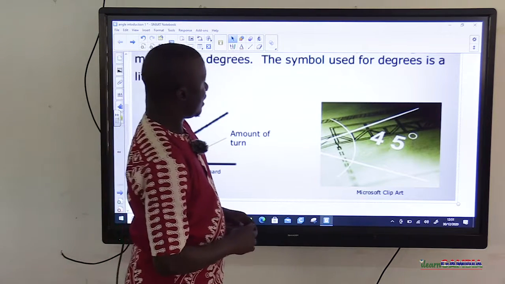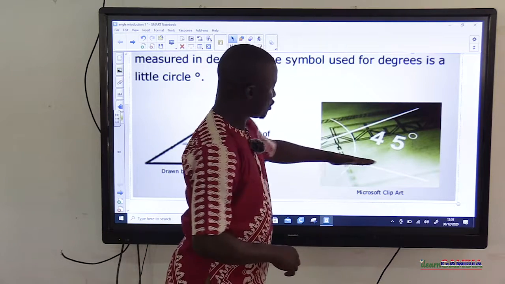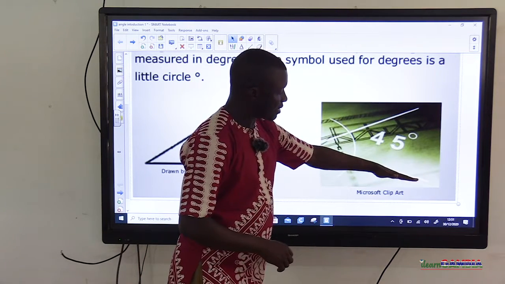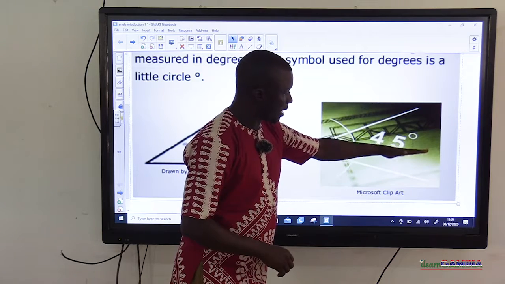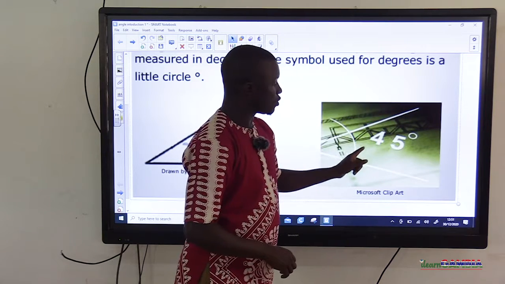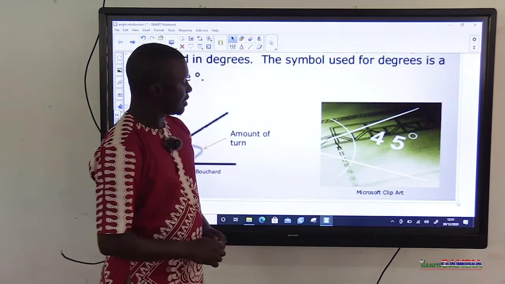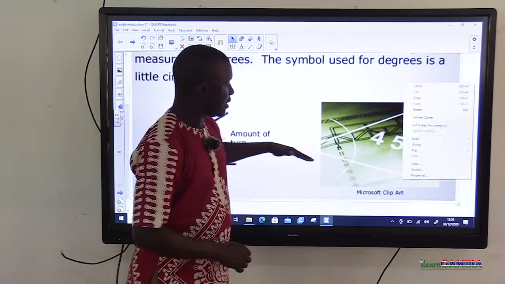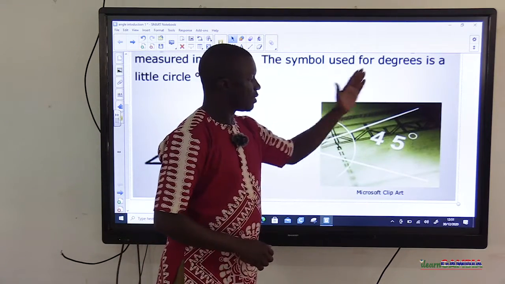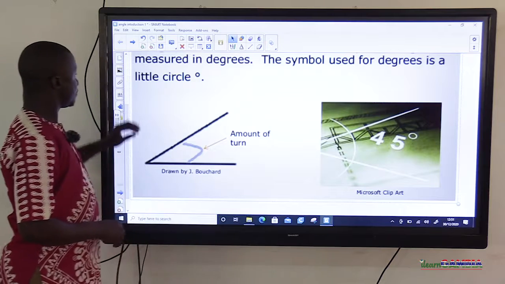These two lines are from the same place, and the amount of turn from here, wide open, equals 45 degrees. The amount of turn from the beginning, where they share a common point, is 45 degrees.